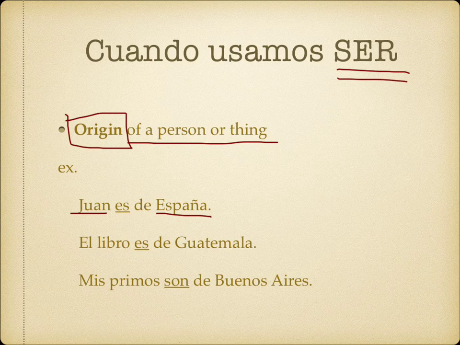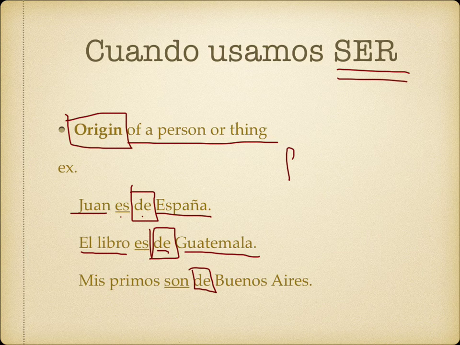Juan is from Spain. When you're looking at origin, you're going to see the preposition de. You can see it's in every one of these. El libro es de Guatemala. De indicates from. Mis primos son de Buenos Aires. My cousins are from Buenos Aires.